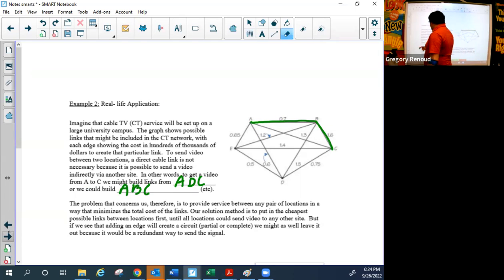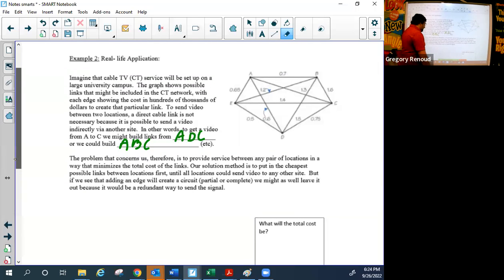And so really what this means is we don't have to go directly from A to C in order to get cable television to point C. We have to get from A to C, but it does not have to be a direct path or a direct route. It also doesn't have to create a circuit because we don't have to send the TV signal back to A.